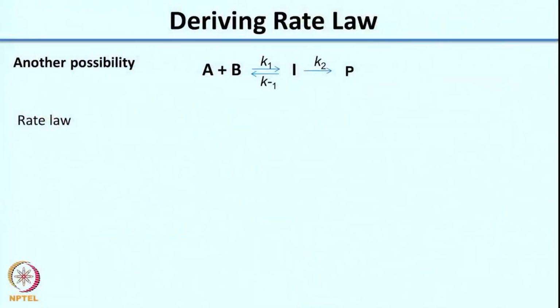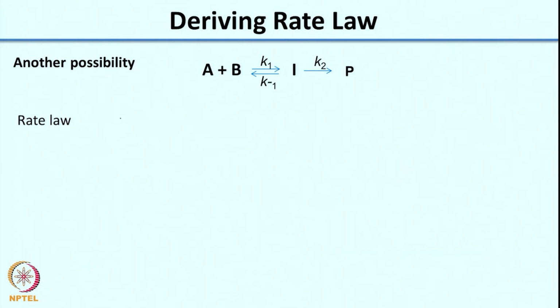Now, you can also have another possibility where A and B react together to give you the intermediate I, and then I gives you the product P. So, let us try to derive the rate law for this process. So, as I told you, you always start from the right.